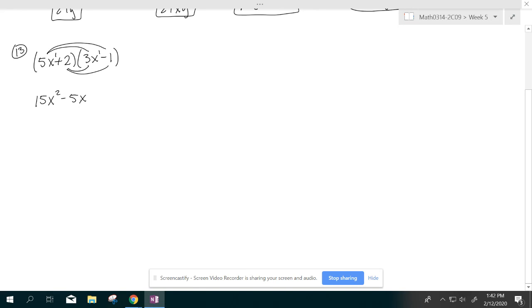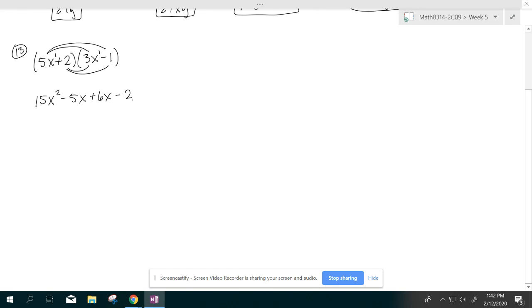And we know 1 times anything is itself, but a positive times a negative makes a negative. So now, has the 5x been used up? And now it's the 2's turn. 2 times 3x. Everybody understand why he's plus and not minus? Positive times a positive, yeah. And last but not least, 2 times negative 1.